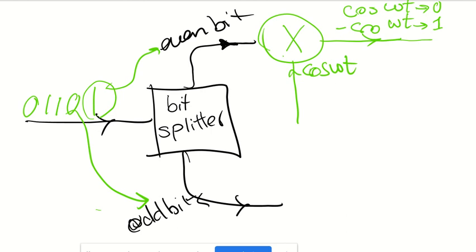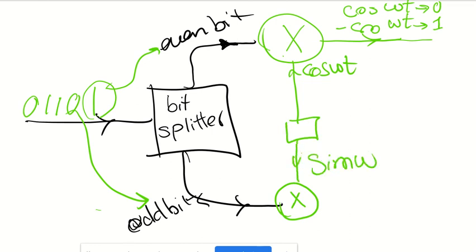And then it's just for 1 bit, right? There's another bit coming here, which is going to sit on sine of omega t instead of cosine of omega t. That means that cosine of omega t has a 90-degree phase shift with sine of omega t.